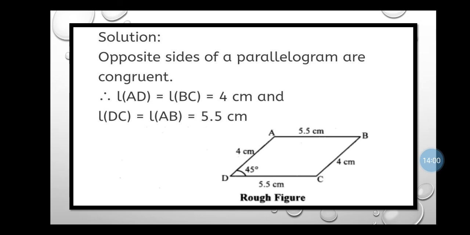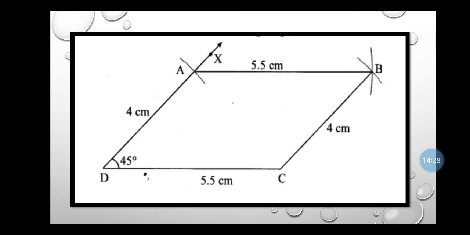So measure angle D plus measure angle C is equal to 180 degrees because adjacent angles of a parallelogram are supplementary. 45 plus angle C is equal to 180 degrees. Therefore, angle C is equal to 180 minus 45. So we will ultimately get angle C as 135 degrees. So we can construct our quadrilateral, that is the parallelogram.